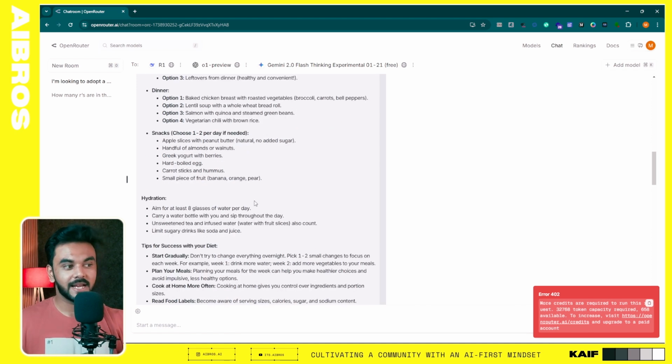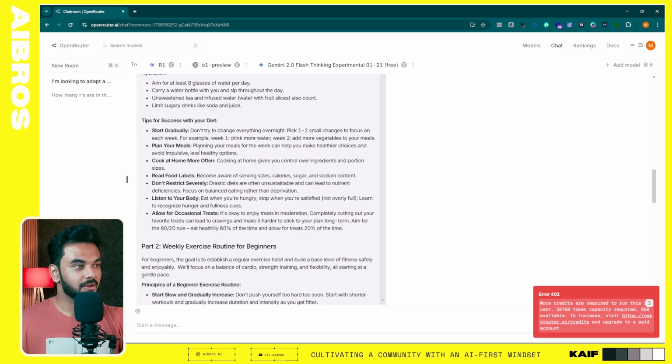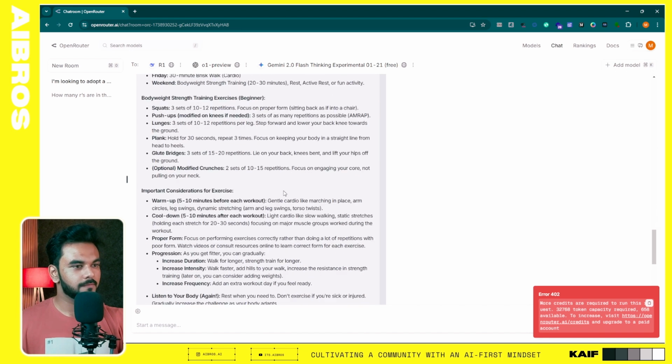Hydration: aim for at least 8 glasses of water per day. Carry a water bottle with you and sip throughout the day. Pretty good advice. Tips for success with your diet: start gradually, plan your meals, cook at home more often, read food labels, don't restrict severely. I think it has done some great job over here with the diet part and with the exercise part as well.